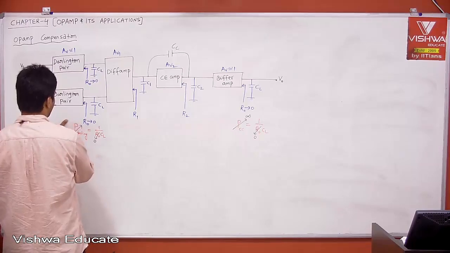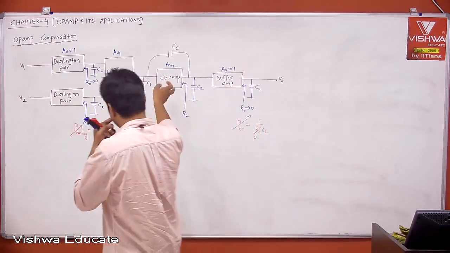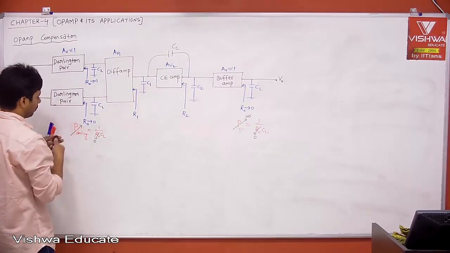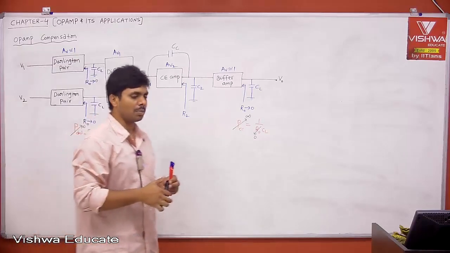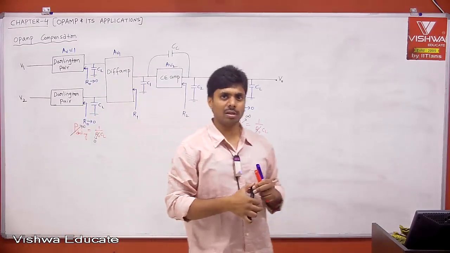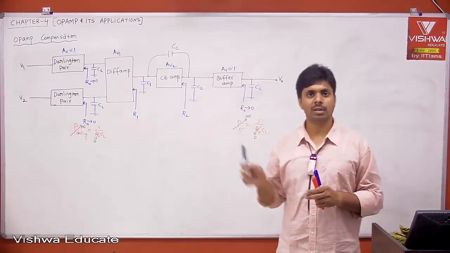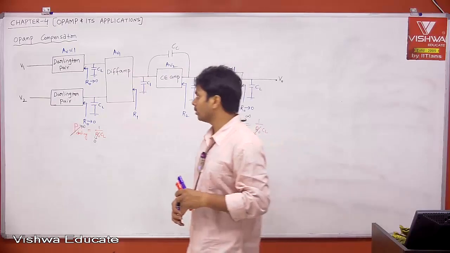This is non-dominant and this is also non-dominant. Only the dominant poles are due to this. But when you add CC in between output and input, what will happen? See, in control systems, we study something called lead compensation, lag compensation, right? One of the compensations. But I am speaking with respect to circuits.